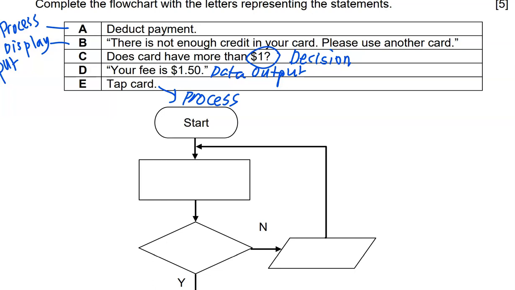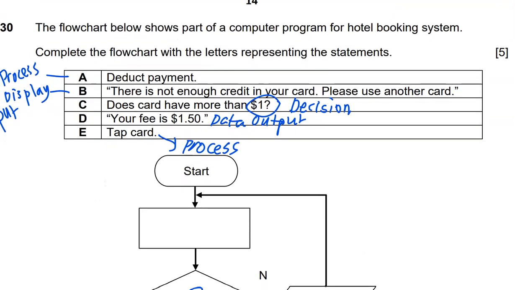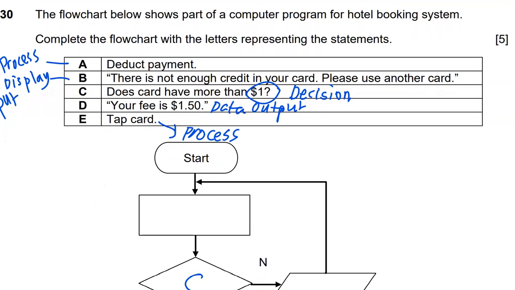Okay, so the question will be this, definitely, C. Okay, and to start off the process, you are getting the user to at least tap the card. So you need to first tap the card.